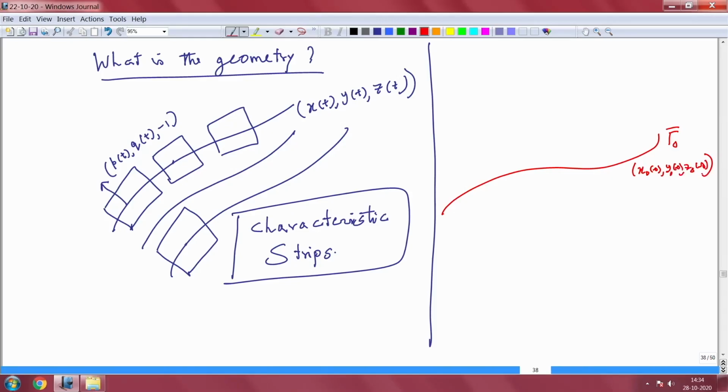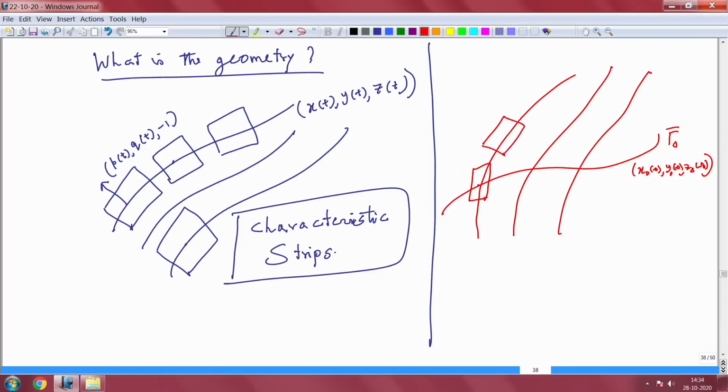On this you want to solve characteristic curves, but to solve the characteristic curve you also need to solve these things together. You have to solve not only the characteristic curve, you have to solve the tangent plane. Similarly, you need an initial strip.